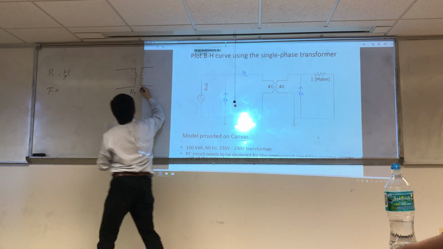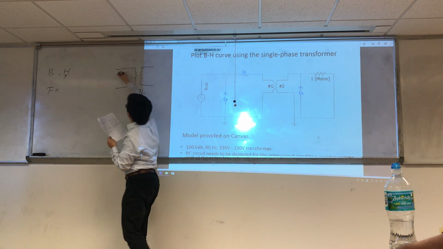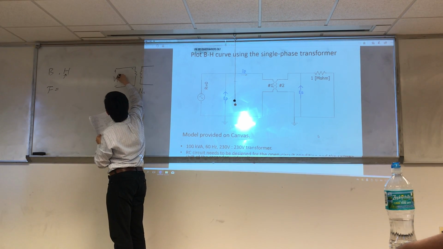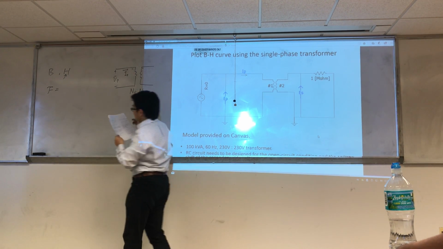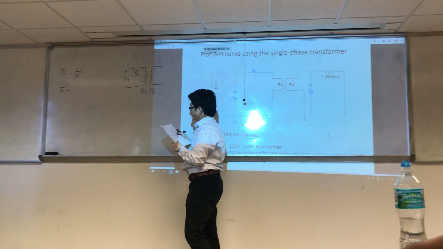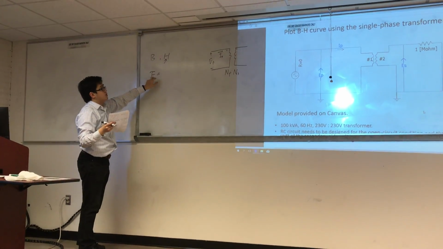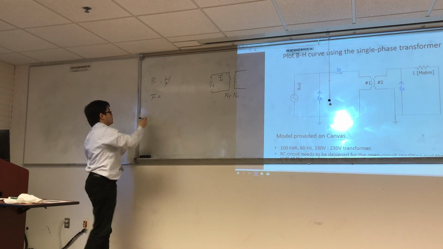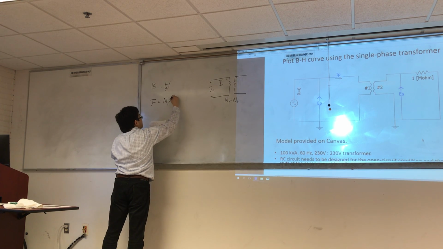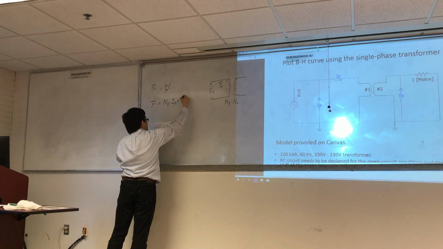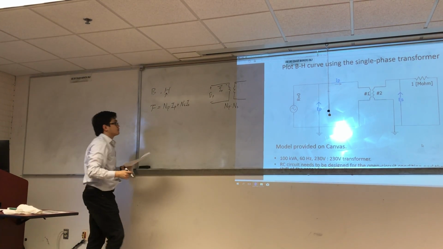This is the NP and NS, primary side, secondary side. And here is the VP, and this is IP. So MMF in your transformer, in a magnetic circuit, equals NP times IP plus NS times IS.